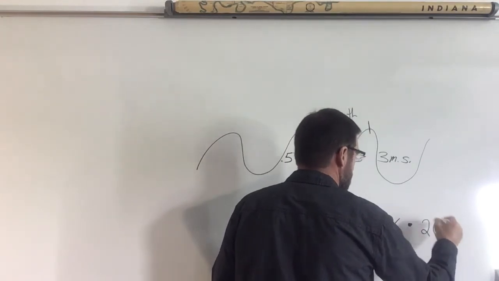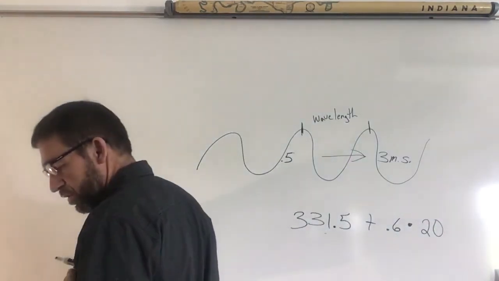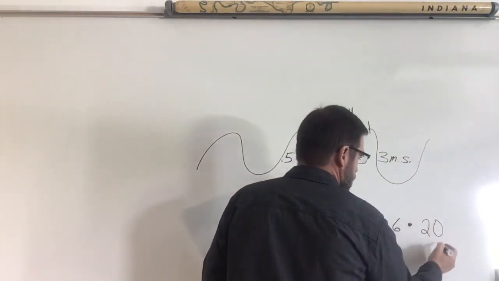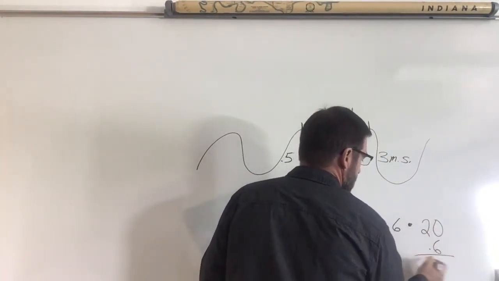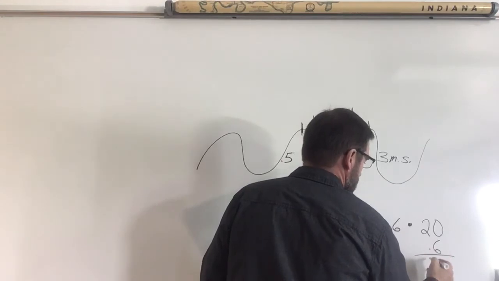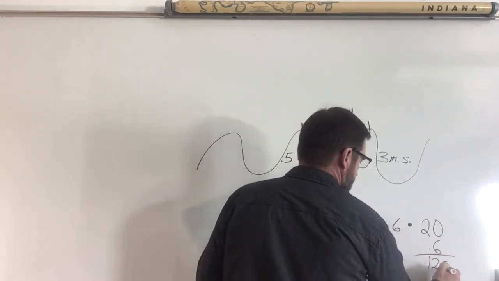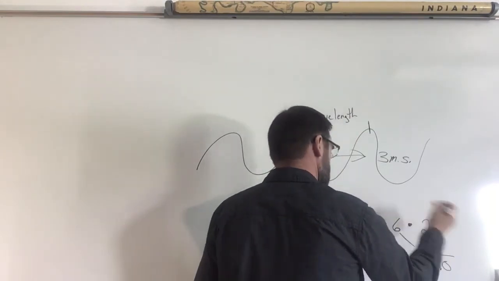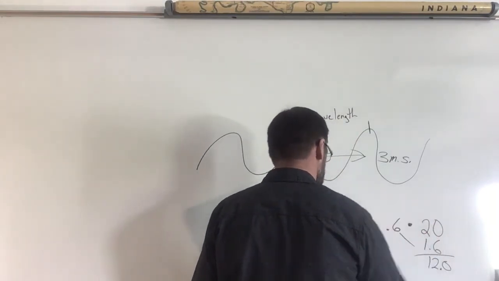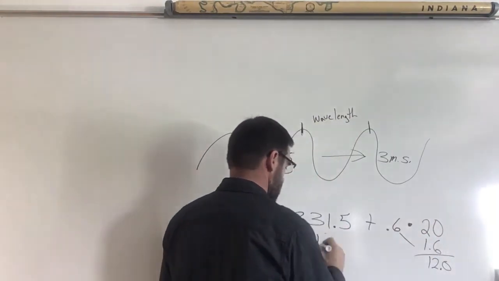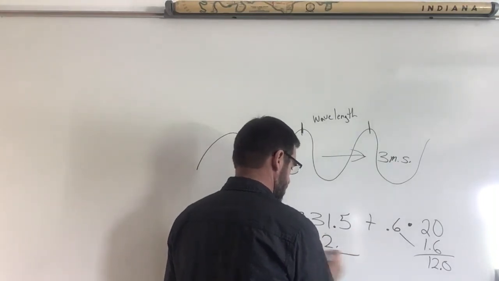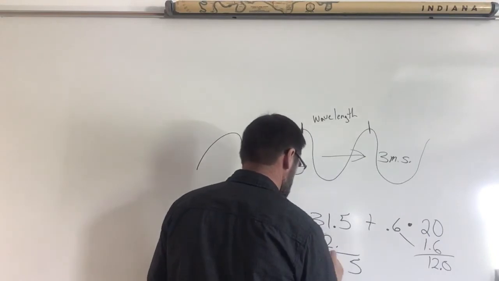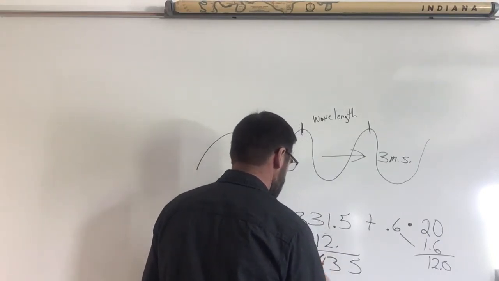Let's say 20 degrees, I think is the example he uses in the book. So you multiply 0.6 times 20. 6 times 2 is 12, and your decimal here. So once you multiply these two together, you have 12. Now you take 12 plus this: 331.5 plus 12 is 343.5.